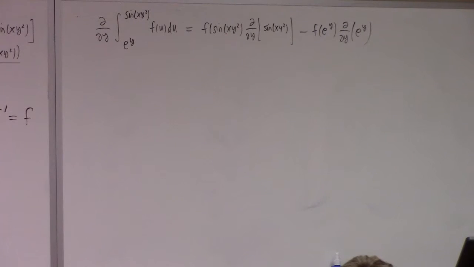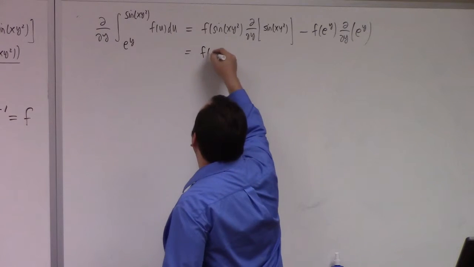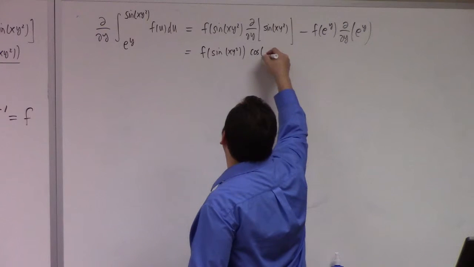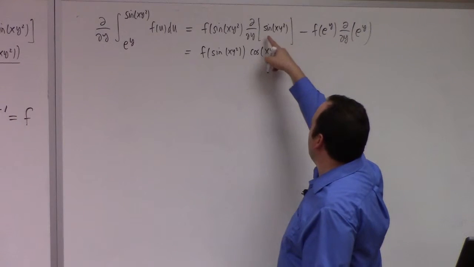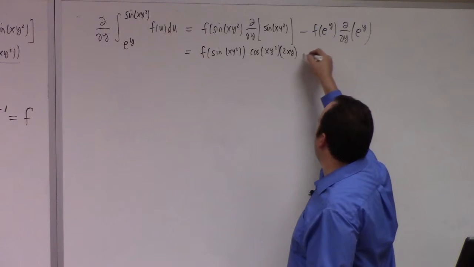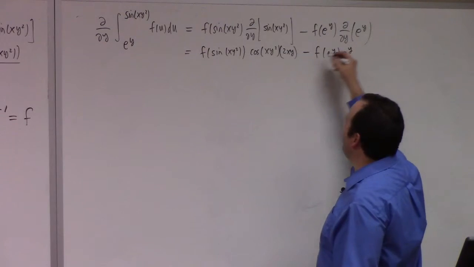A lot of Calculus 1 instructors don't actually get to the point of saying this. You don't find this in books much. People try to make you use properties of integrals to do these problems rather than giving you this result. I don't know why. Maybe there's some reason. It's not been revealed to me. Let's see here, cosine of xy squared, and then the chain rule says times 2xy, minus f of e to the y. And, oh, hey, that one I can do, e to the y. Okay, so there you go.